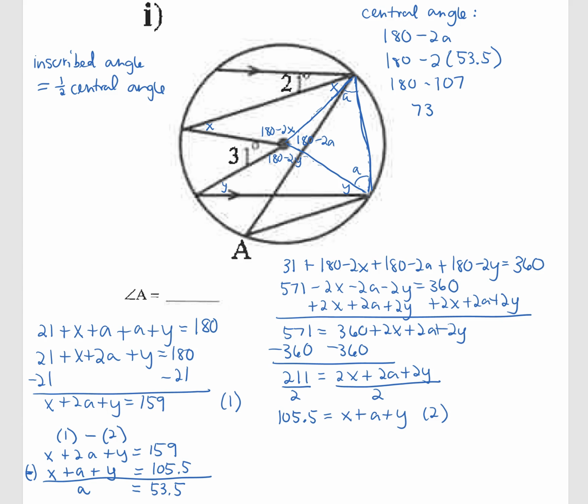And so that means that our inscribed angle in this case, which is angle A, is equal to 1/2 of our central angle, which we found is 73. And so 1/2 of 73 is 36.5. Remember, all our units are in degrees here, so angle A is 36.5 degrees. Write that in. And so 36.5 degrees is the answer to part I of question 6.